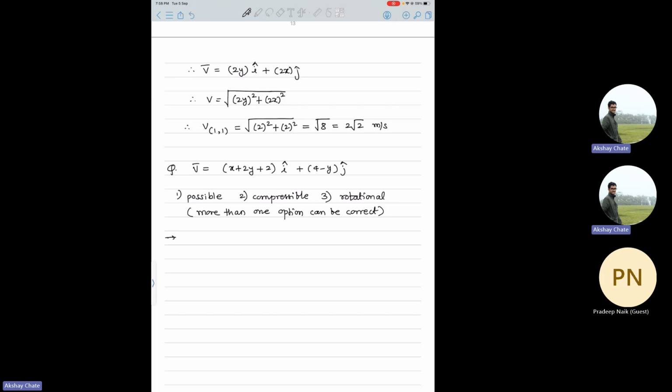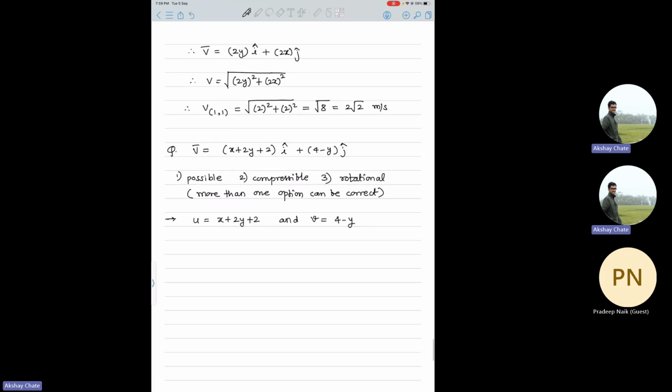If you get such a question, it is good for our revision because we have studied so many concepts. Here u is x plus 2y plus 2 and v is 4 minus y. First of all, to check if it is a possible flow or not, we can check the mass continuity. What is the mass continuity?